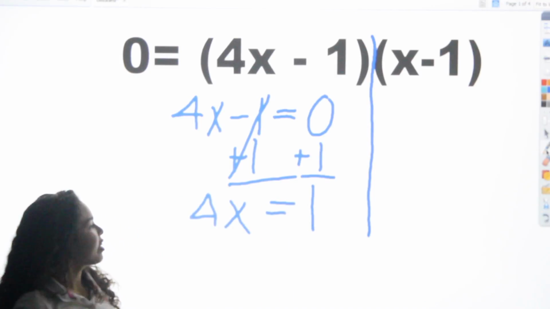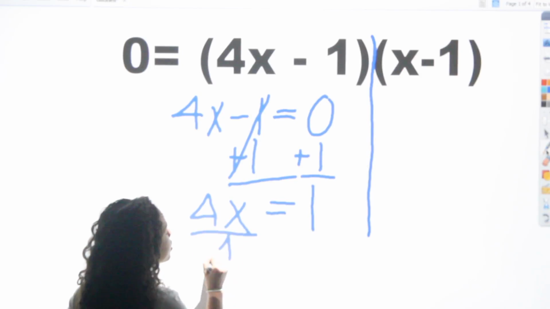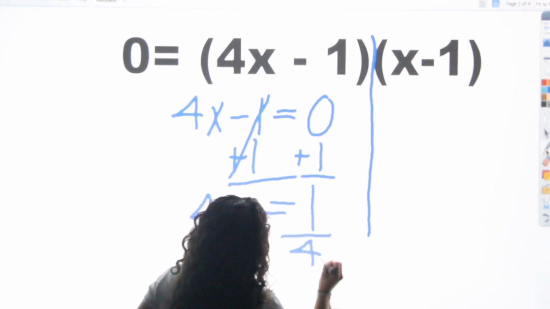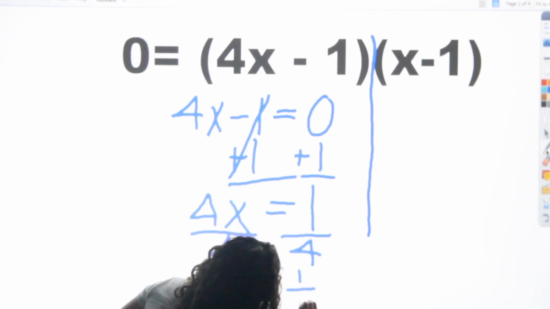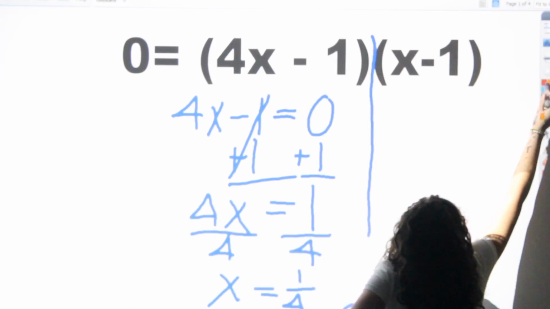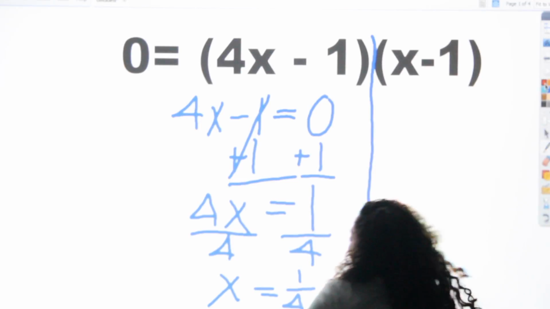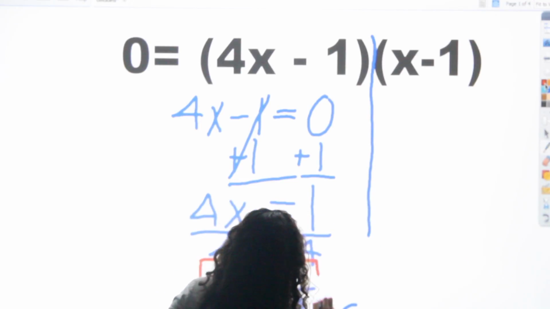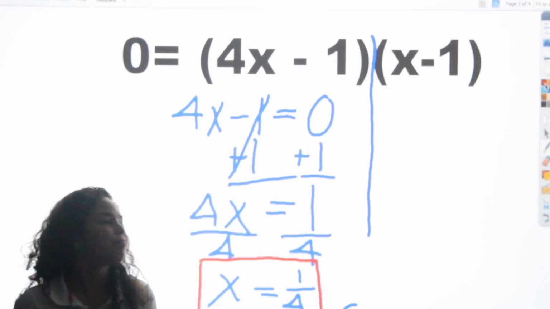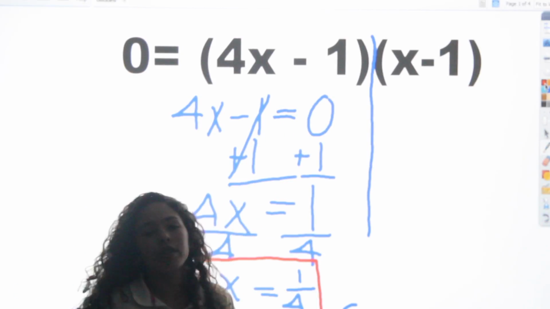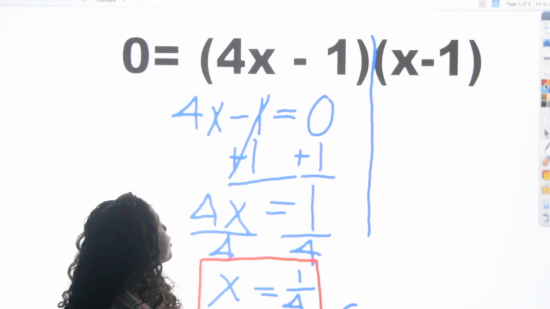Now we're going to divide by 4 on both sides. And your final product is x equals 1 over 4. Box that in. And we're done. Now we are going to work on the next side of the equation.